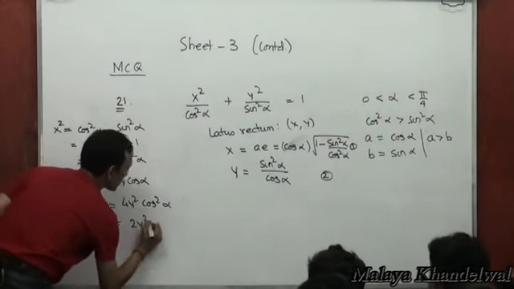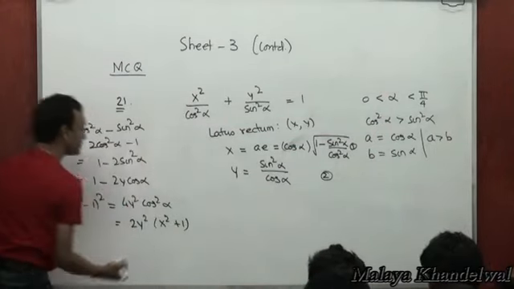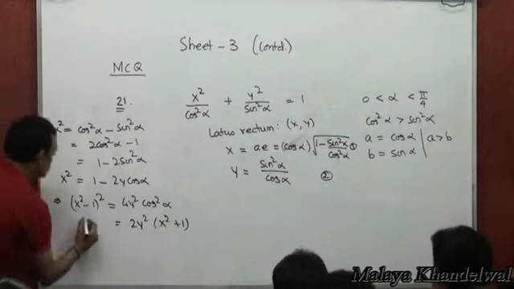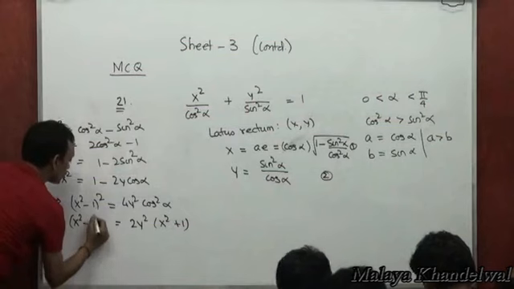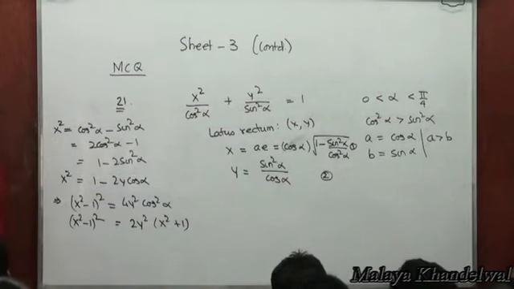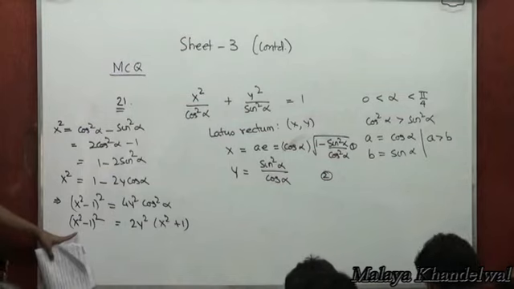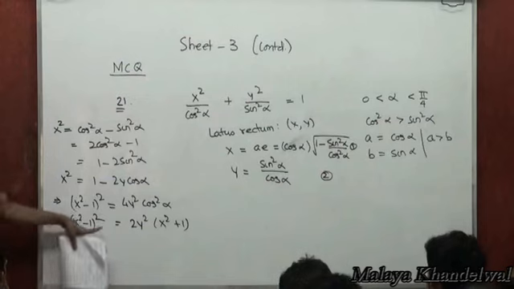So 2y squared into x squared plus 1. Right here. So that's x squared minus 1 whole squared. So we've eliminated alpha. This then is the required locus of the ends of the latus rectum.